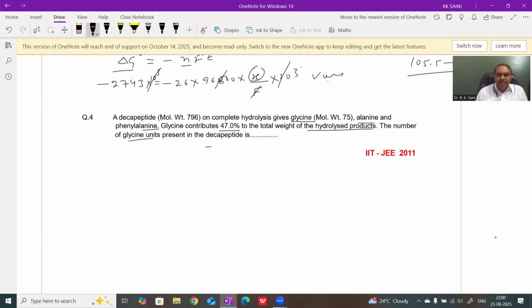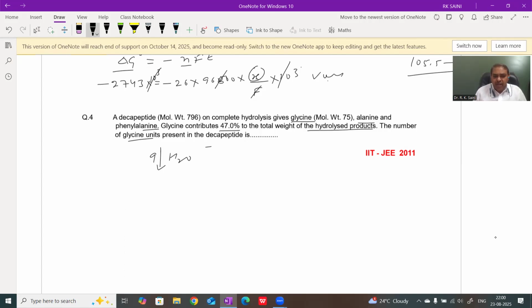First of all, when a decapeptide is completely hydrolyzed, it requires 9 molecules of water, because a dipeptide is made up of 2 amino acids and 1 molecule of water is lost during their formation. It means when a decapeptide is hydrolyzed, it gives 10 amino acids and requires 9 molecules of water.